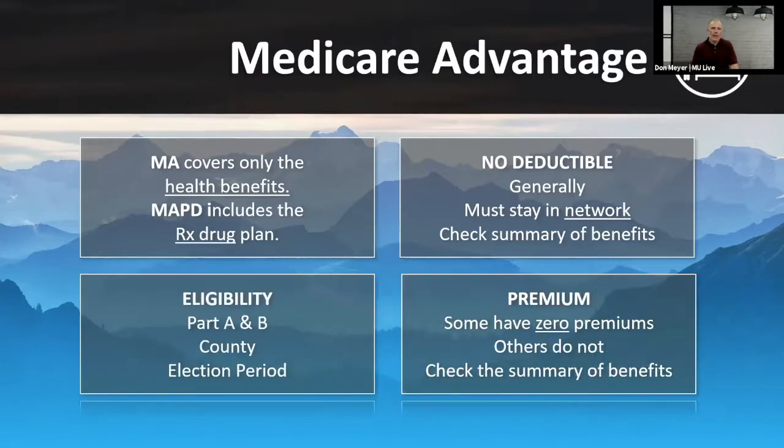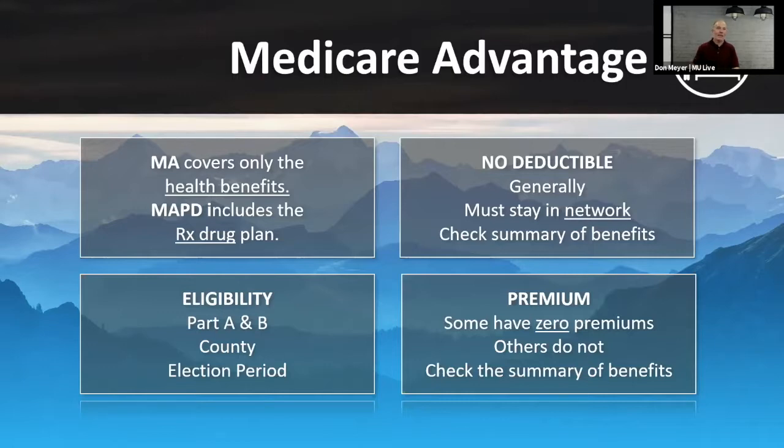Now, in order to be eligible for a Medicare Advantage plan, you must have Parts A and B. Some people think that if they join a Medicare Advantage plan, then they lose Part A and B. That's actually not true.